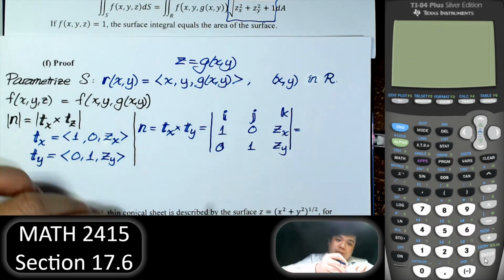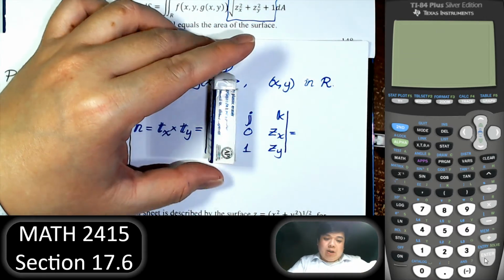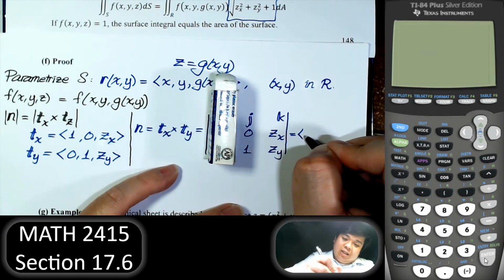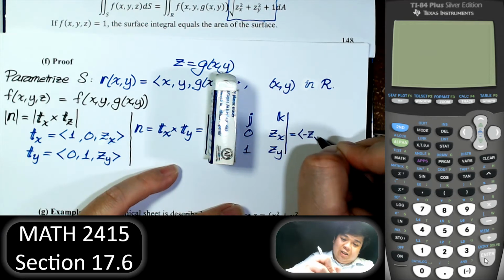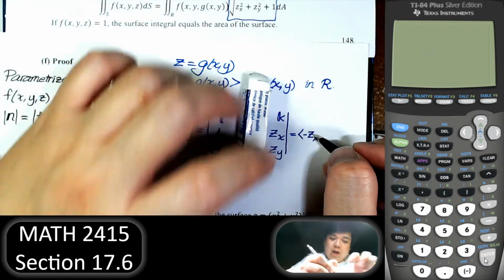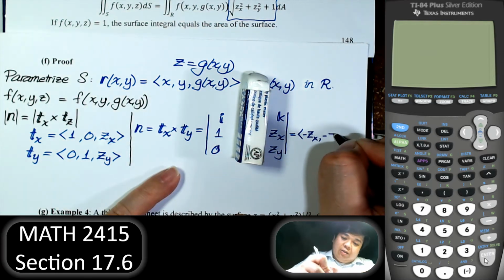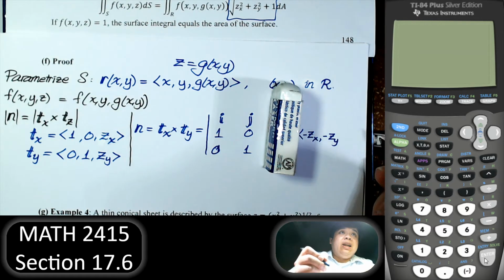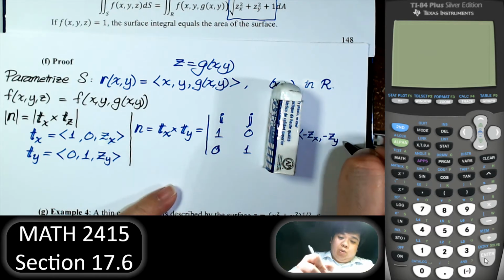And this will be simple enough. With respect to i, that will be negative z sub x. With respect to j, negative z sub y. And with respect to k, that will be 1.